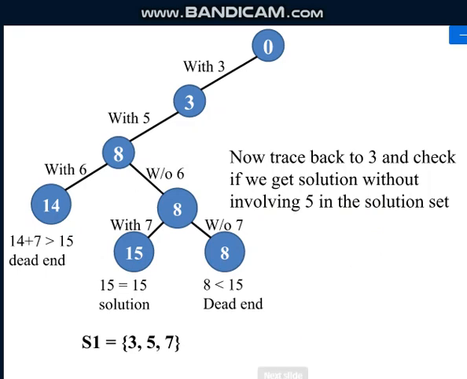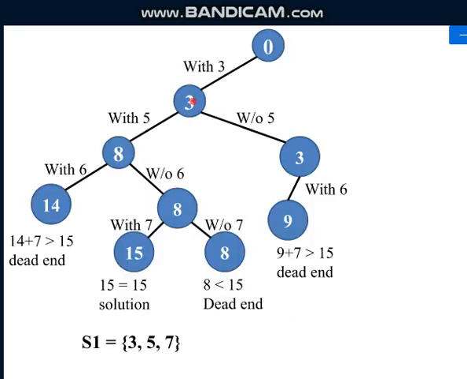Without 5, the sum is 3. Now if I consider 6, with 6 the sum is 9. If I add 7 to that, 9 plus 7 is 16, which is greater than 15. So this will not lead to the solution. Again I'll get back and see without including 6.